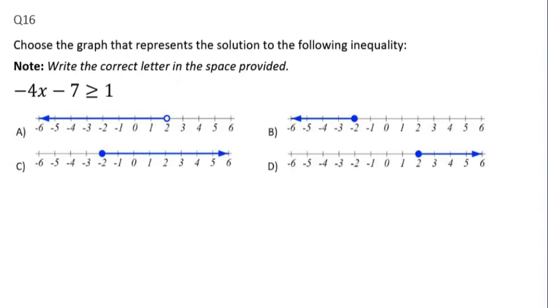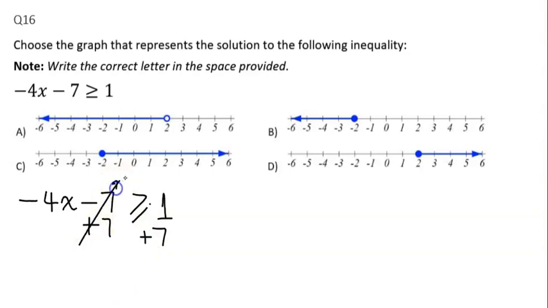Here the x is already here, so then I have just to bring this 7 to the other side, right? So I'm going to get here negative 4x minus 7 greater or equal 1. I add 7 on both sides. This becomes 0. Now I have negative 4x greater or equal what? 8.